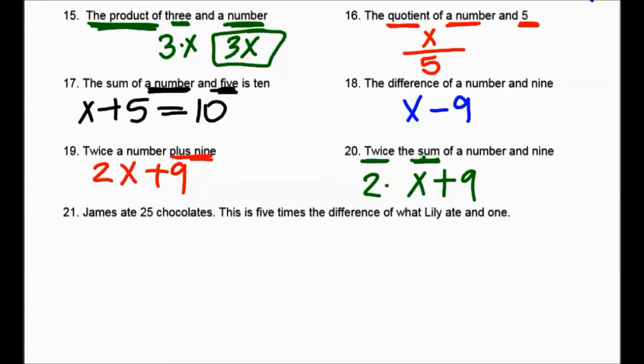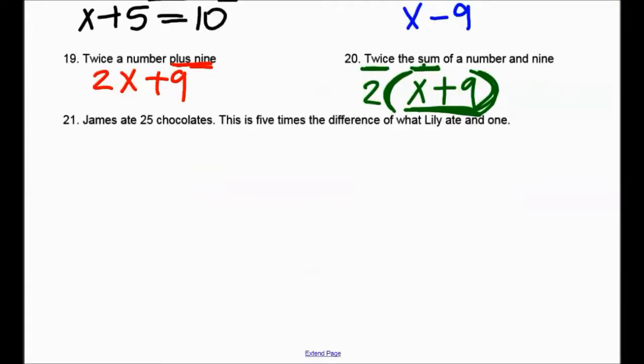But we need 2 times the answer of what we're adding. For 2 to be times this whole thing, we need to use parentheses. All right, you have to use parentheses. So now it's saying 2 times that whole thing. 2 times the answer to what we're adding, which is what we wanted because it's twice the sum. So twice the answer of what we're adding.